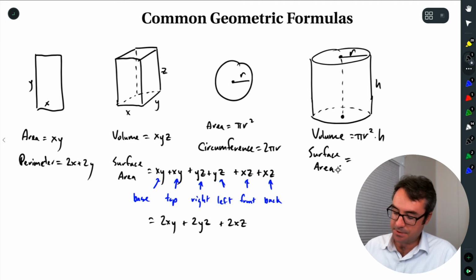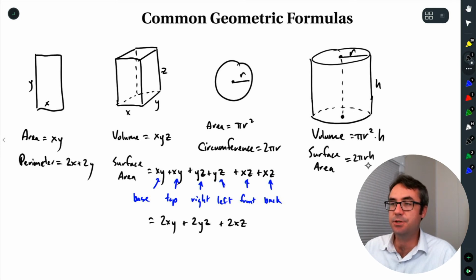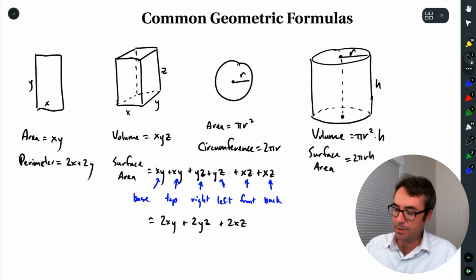What is it? It's 2 pi r times h plus pi r squared and pi r squared.